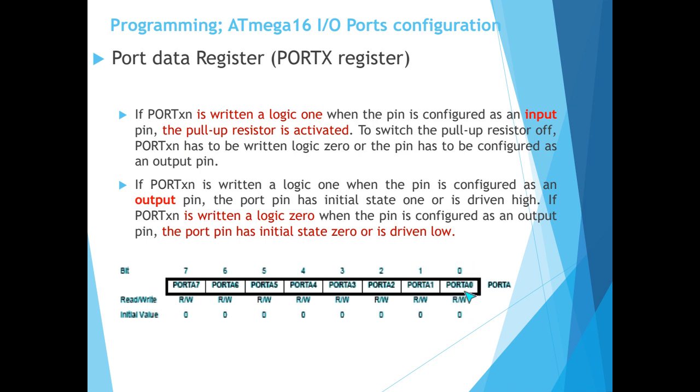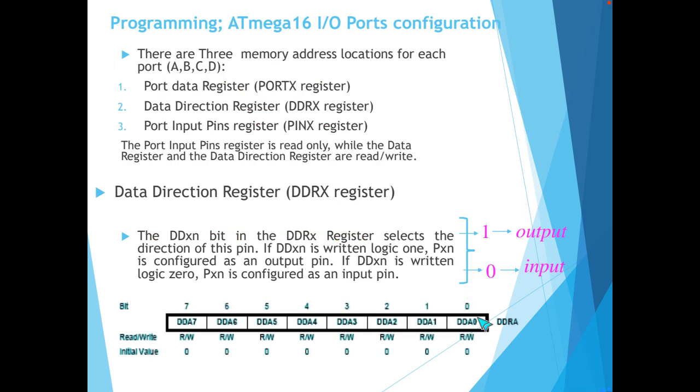Then it means that the pull-up resistor is activated. And if we want to deactivate the pull-up resistor, we should write its value equal to logic 0, or in the DDR register, we change it to 1, or output.